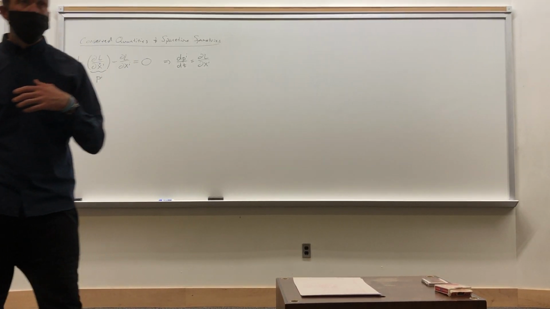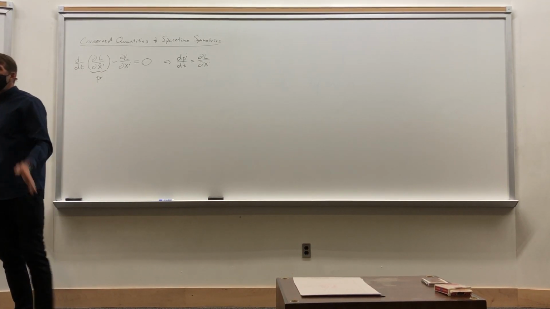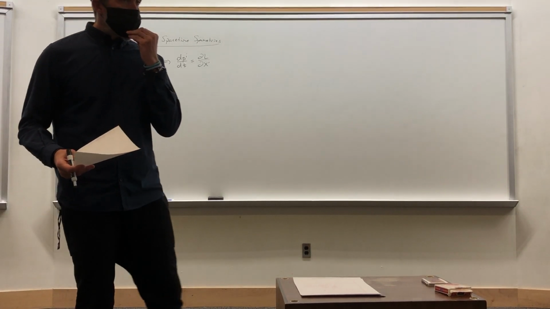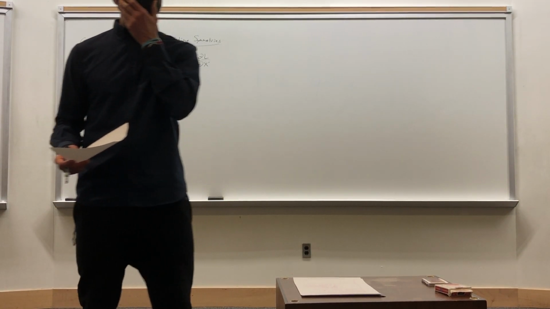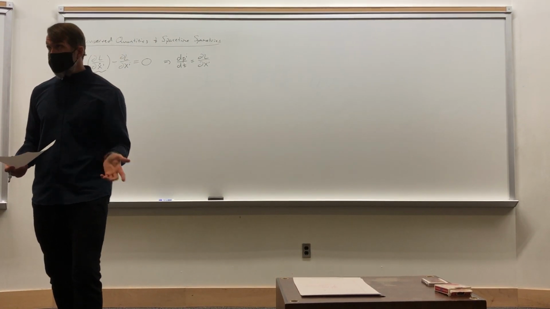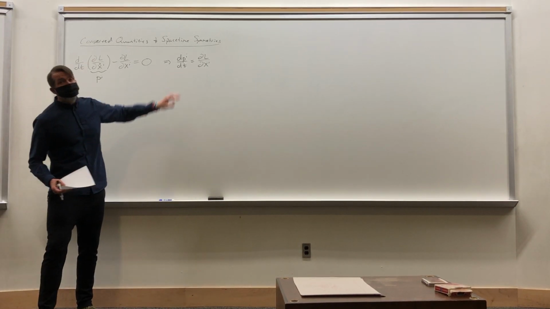This is the standard observation that should have been given to you in Physics 350: if you write down a Lagrangian and it doesn't depend on a particular coordinate, then the momentum along that coordinate is conserved. If it does explicitly depend on a coordinate, then clearly the momentum is not conserved.